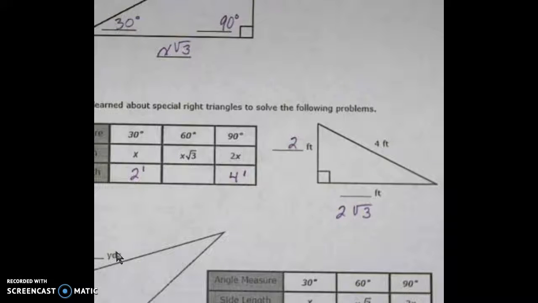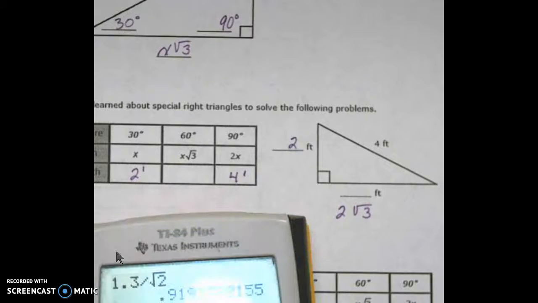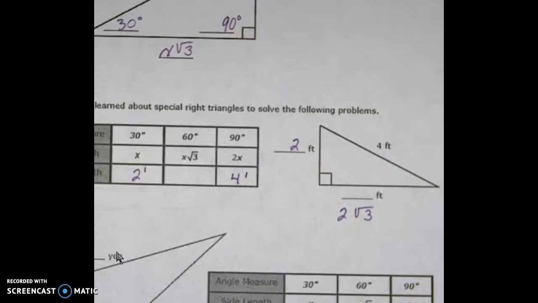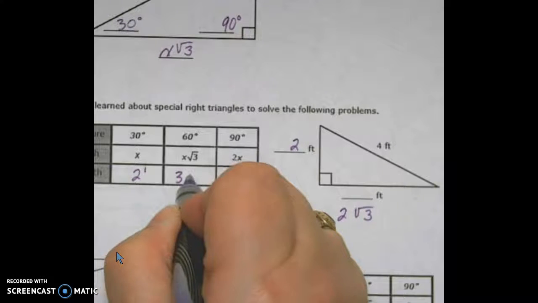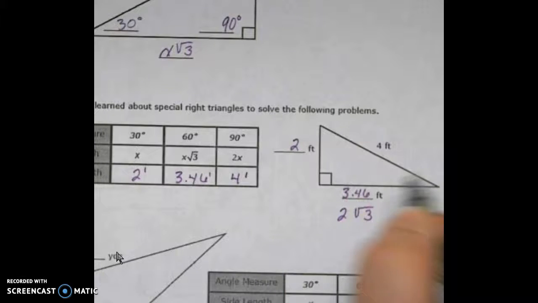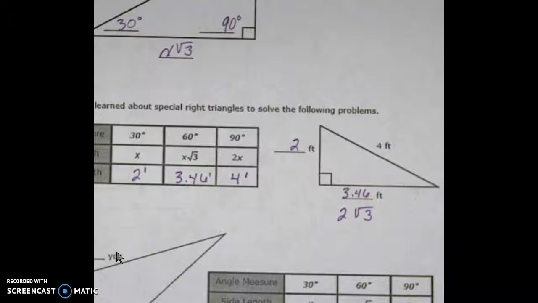Since I'm looking for some actual lengths, I want to go ahead and put that in my calculator to get a decimal approximation. 2 times the square root of 3 gives me a decimal approximation of about 3.46 feet. And I can add that 3.46 feet to both my table and my diagram.